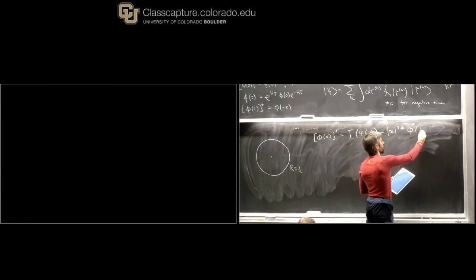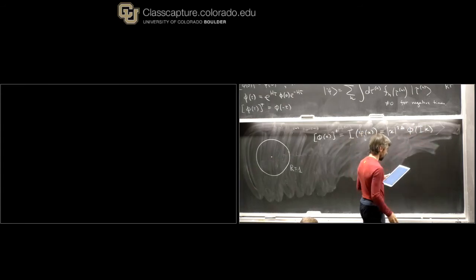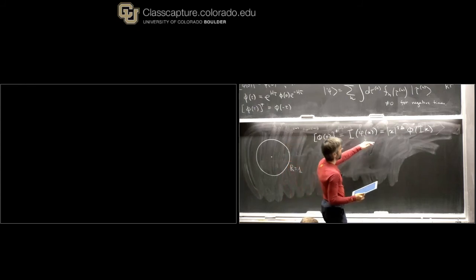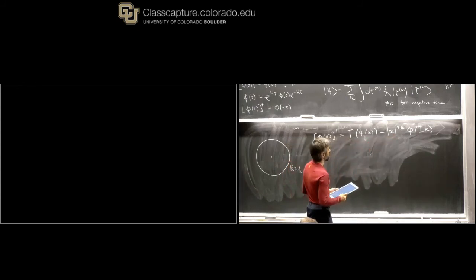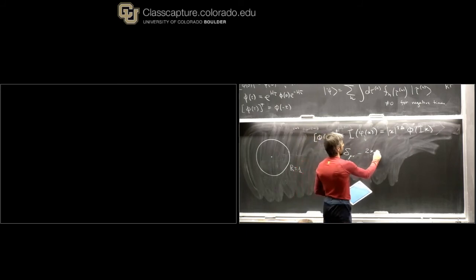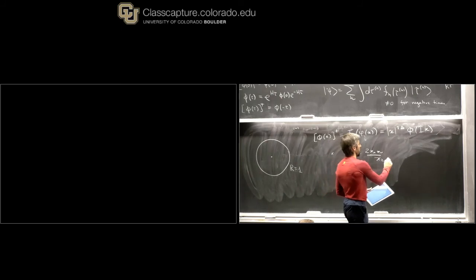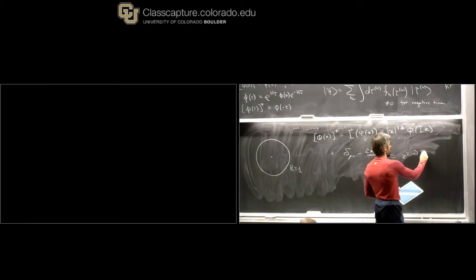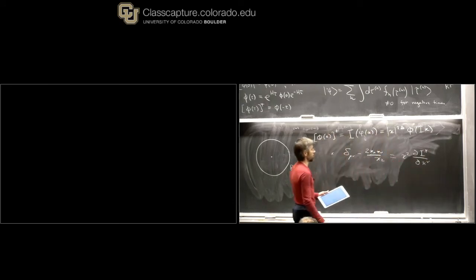So this is the formula that you are familiar with, at least in the two-dimensional context. If my operator is not a scalar, but has some indices, then you have to multiply by factors of delta mu nu minus 2 x mu x nu over x squared, which just arises from the Jacobian of the inversion transformation.